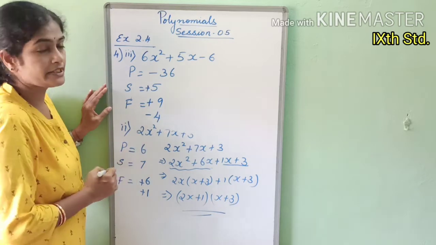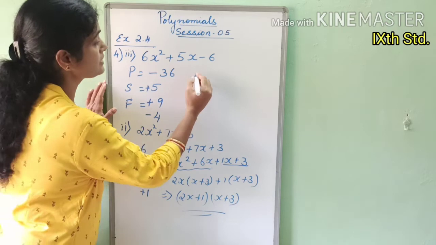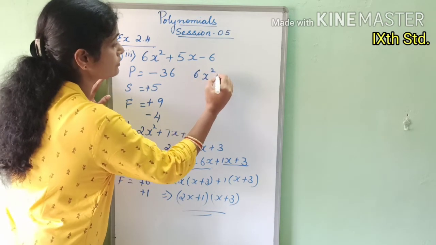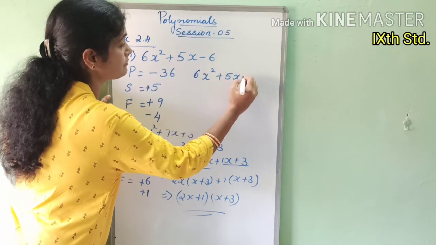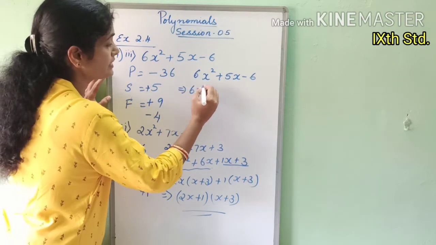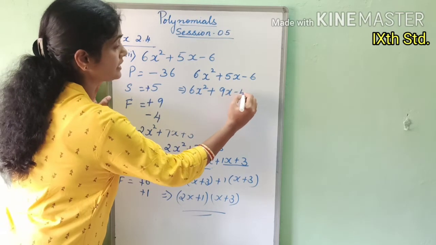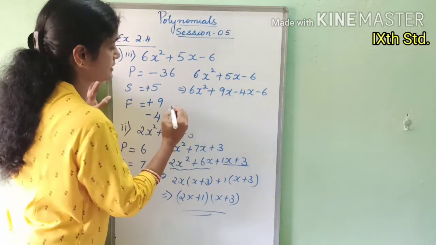Automatically the other one will have the minus sign. Now, split up this 5x. So 6x square plus 5x minus 6 will be 6x square plus 9x minus 4x minus 6.